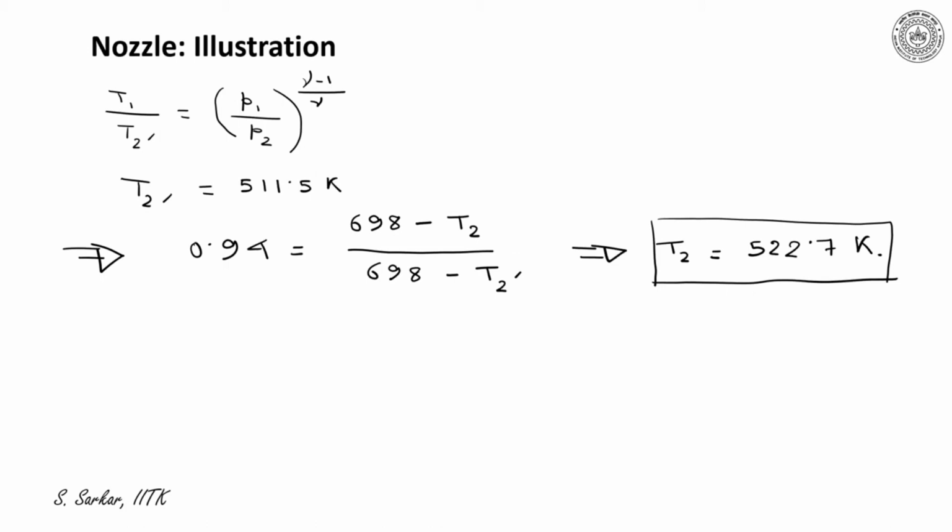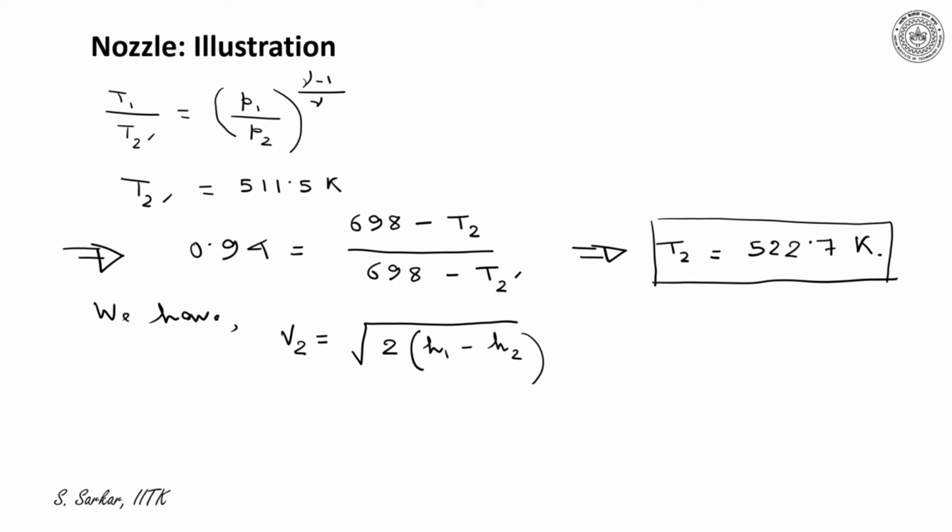Right. Now we have V2, the actual velocity at exit, equal to root over twice (H1 minus H2), if I neglect approach velocity.